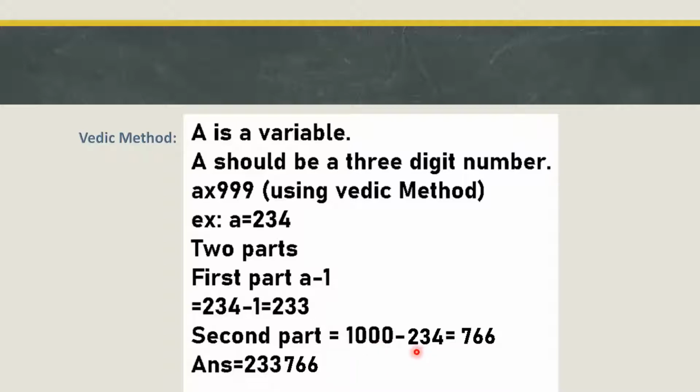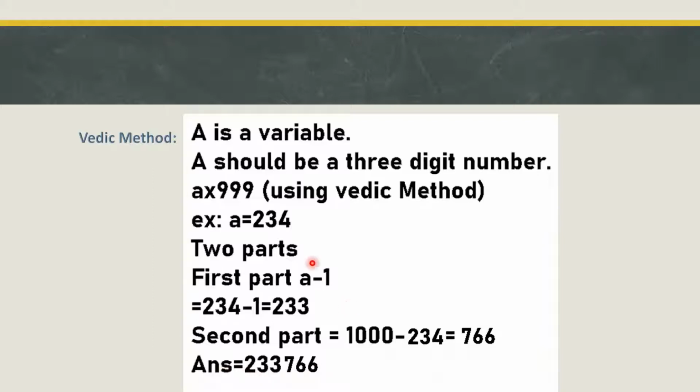In the previous video, I taught you this simple technique, how to subtract any number from 1000, 10,000 and so on. Using that Vedic technique, 1000 minus 234 gives 766 very quickly. This is the second part. This is how you do this Vedic method: 233766.